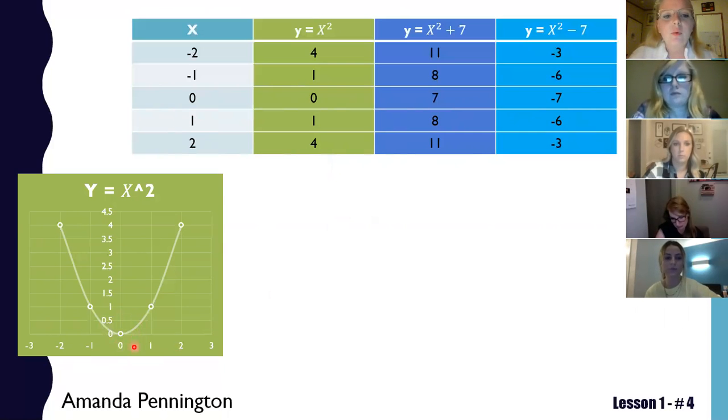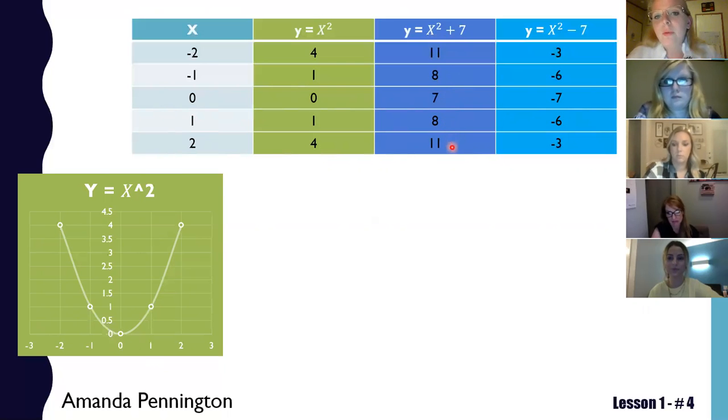Right now we're going to move on to our dark blue in the middle, x squared plus 7. When we plug in our x values, the same ones for all these problems, -2, -1, 0, 1, and 2, and solve, we are going to get 11, 8, 7, 8, and 11.